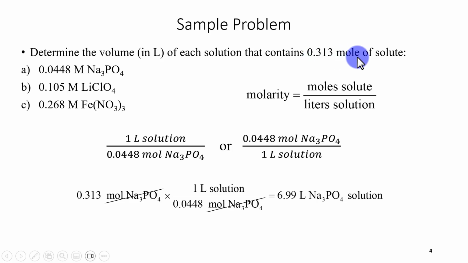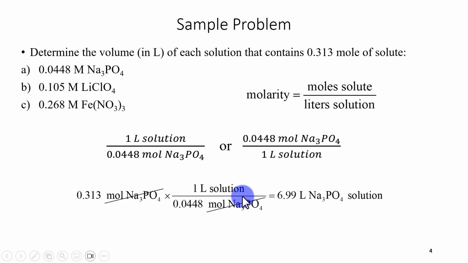So I start with what I'm given, 0.313 moles of my solute, multiplied by, since I want volume, this particular conversion factor because I have the volume on top and the moles at the bottom. So multiplied by 1 liter of solution over 0.0448 moles Na3PO4.